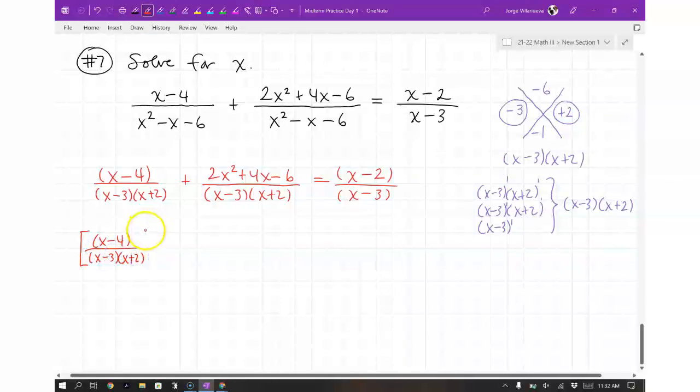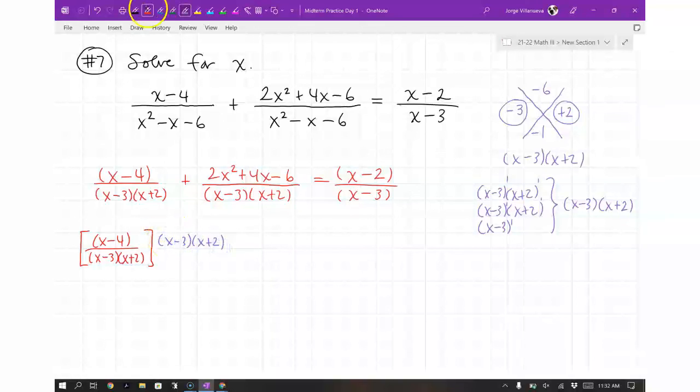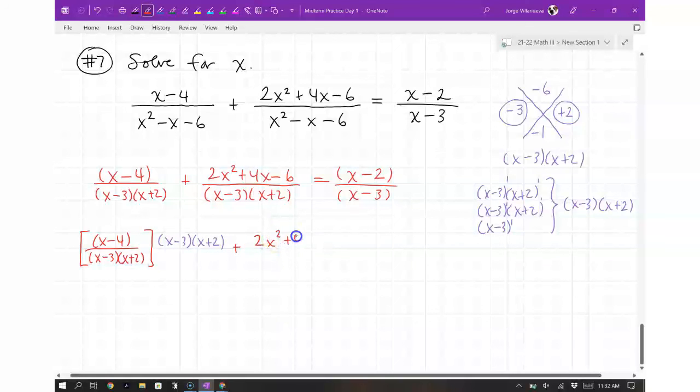If you're kind of like, I may not be able to catch up, I would recommend that. If not, it's okay, just write it out. But notice I'm multiplying everything on the other equation by my brand new LCD. It's just going to take a little while because there's a lot to write.